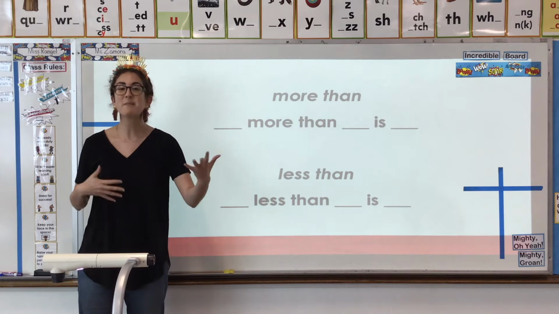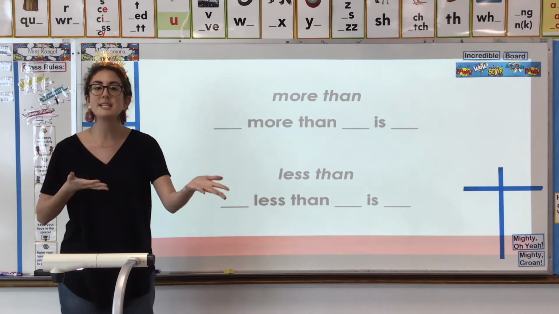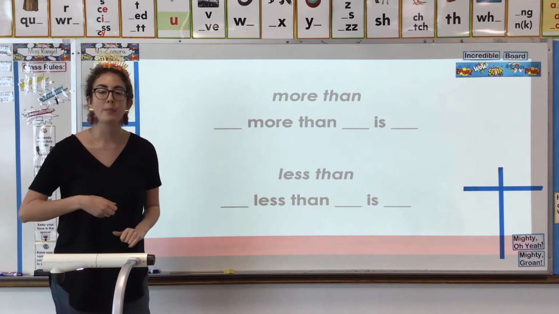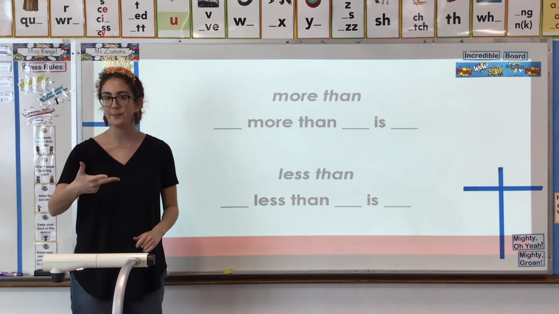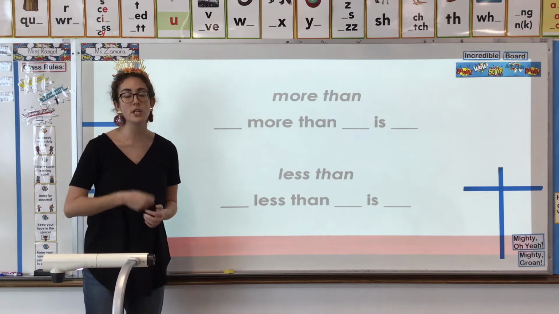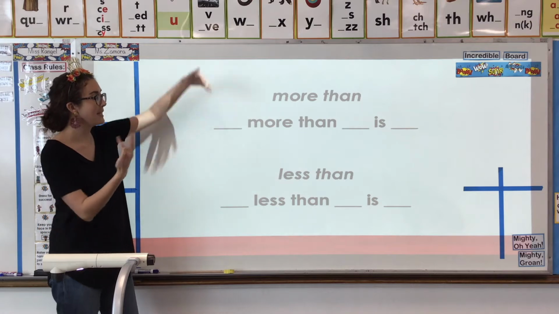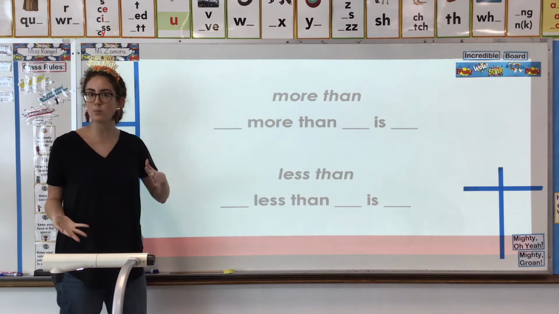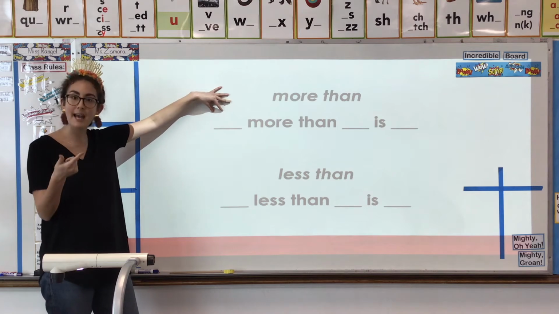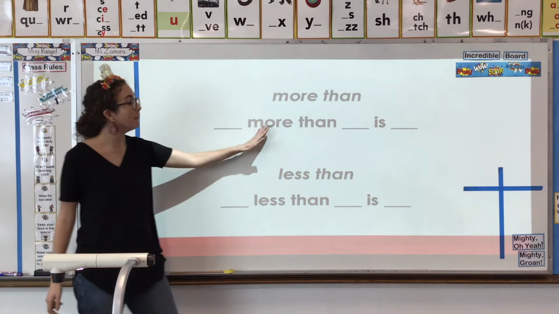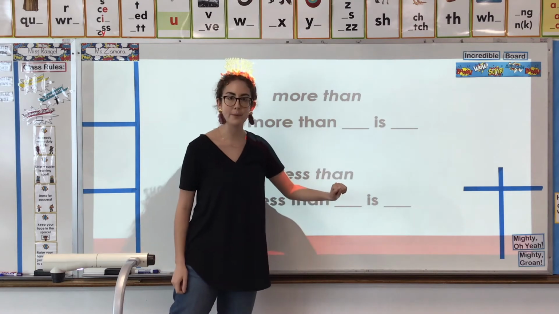When we're saying more than and less than, we're going to be describing the difference between numbers by ones, tens, and hundreds. So when numbers change by 1, 10, or 100, we're going to be using this language to express what we know. So either 1, 10, or 100 more than this number is that number.